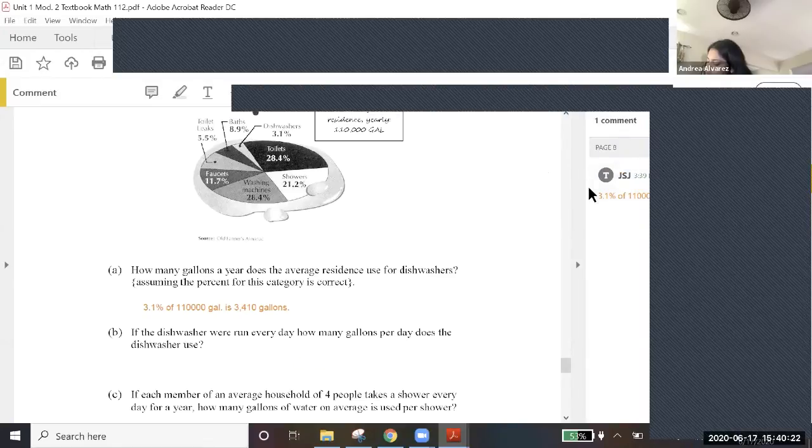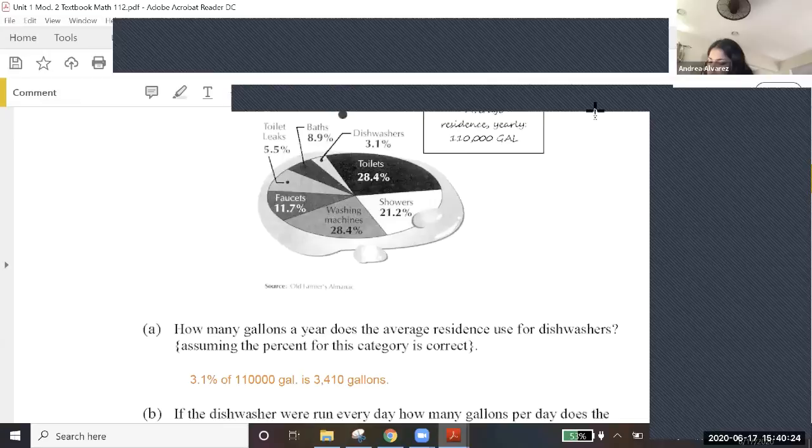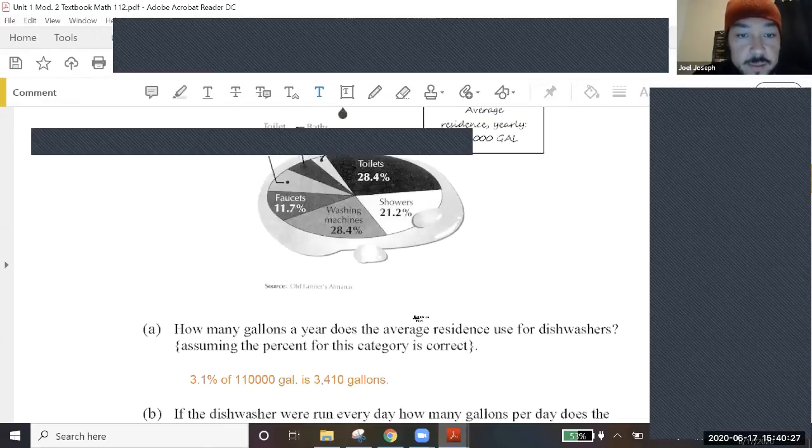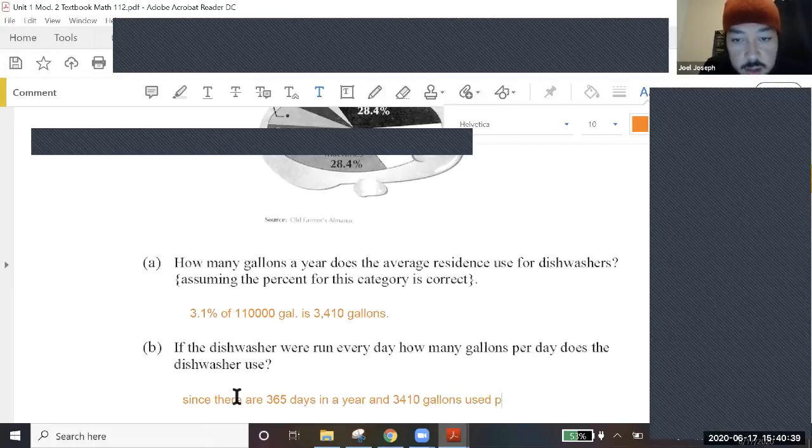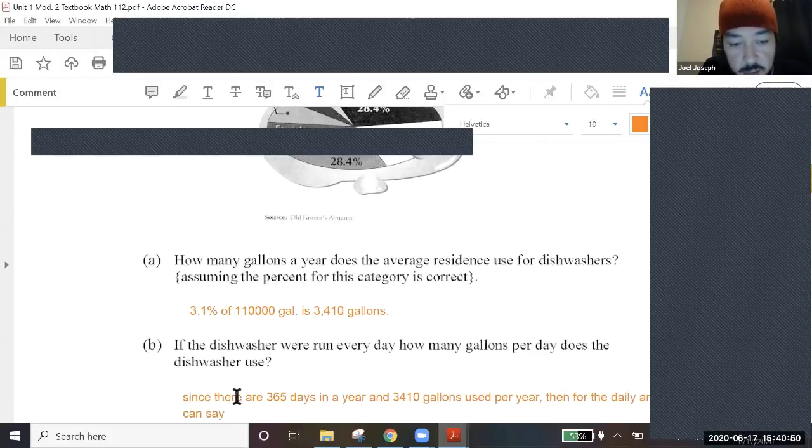My bad. I'm trying to get a hold of all my notes. Okay. Since there are 365 days in a year and 3,410 gallons used per year, then for the daily amount used, we can say 3,410 divided by 365 equals, someone with the calculator?